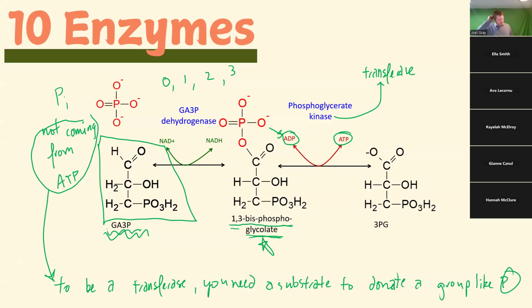Okay. Now, since there's 2 of this glyceraldehyde 3-phosphate, how many NADH have we made? 2. Then how many ADP did we need? 2.